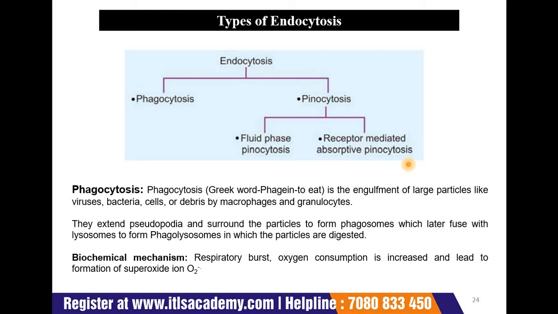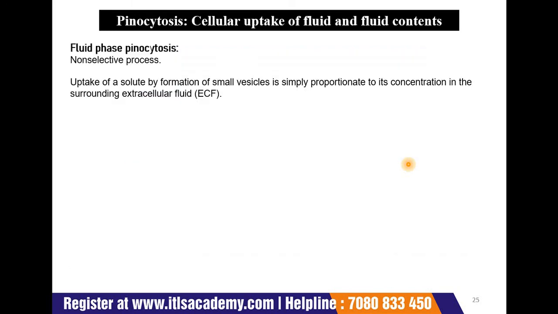They extend the pseudopodia, which are basically the false feet, and surround the particles to form phagosomes, which later fuse with the lysosome and result in the formation of phagolysosomes, in which there is a pH change and the particle starts getting digested. This biochemical mechanism takes place through a respiratory burst, in which oxygen consumption is increased and leads to formation of a lot of superoxide ion, O2.